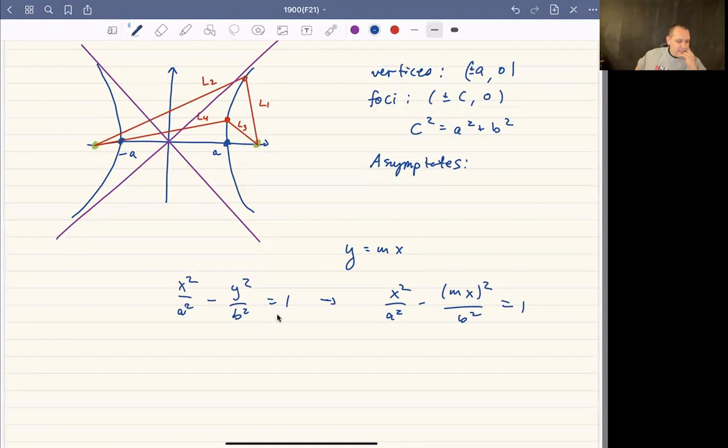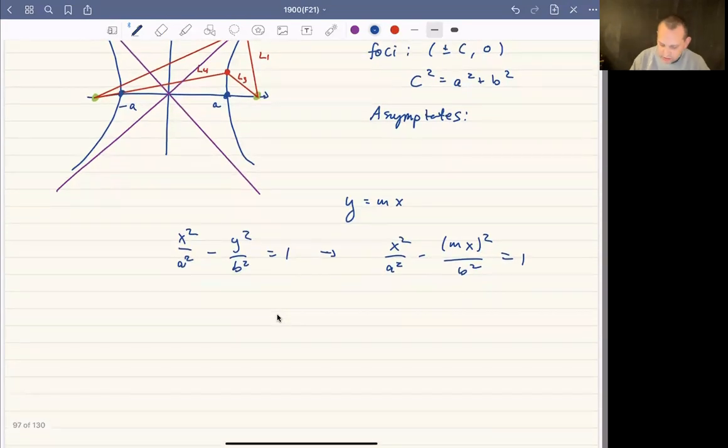And so what's going to happen once we do the algebra is we're going to get m is b over a. And actually, because of the square, you get plus or minus b over a. And so our asymptotes are y equals plus or minus b over a x. Okay, and that's what this graph is going to look like.